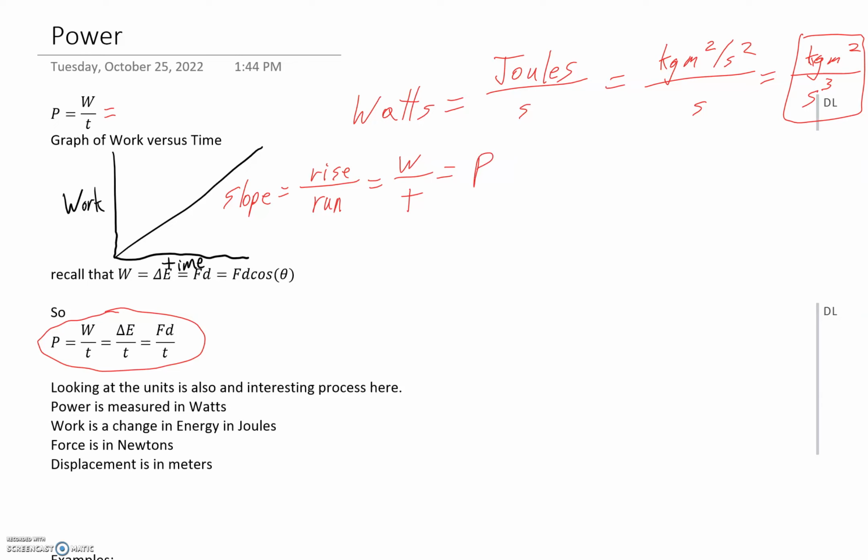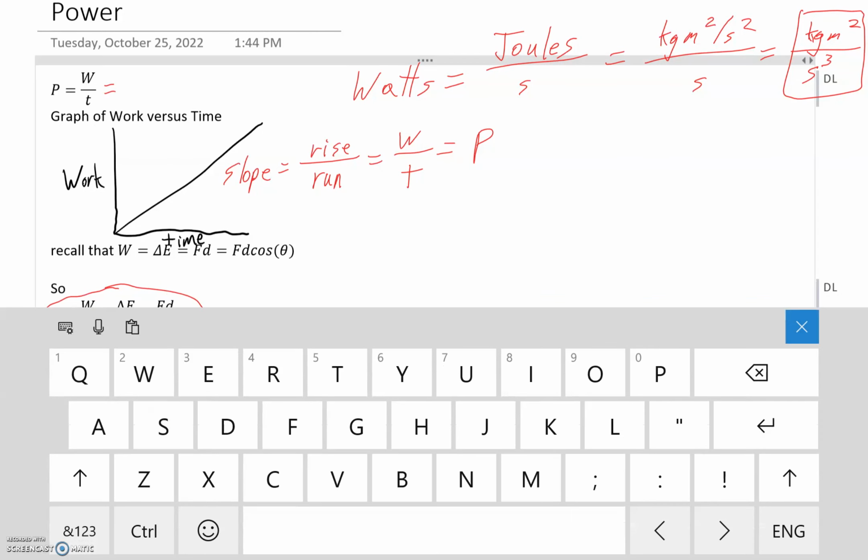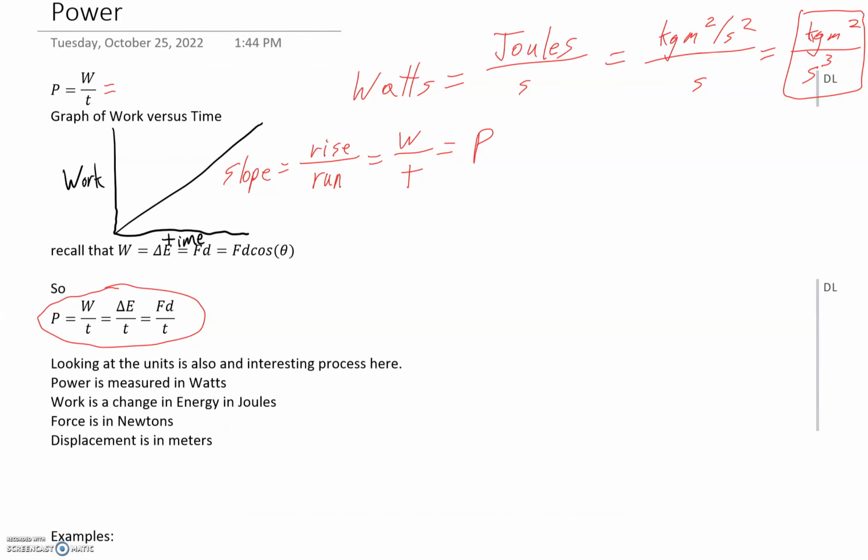So interesting to note, the slope of a work versus time graph is power. Similar to how the slope of a distance versus time graph is velocity. It's the same sort of conversion. If it's over time, then the slope is an important value, oftentimes, most of the time.